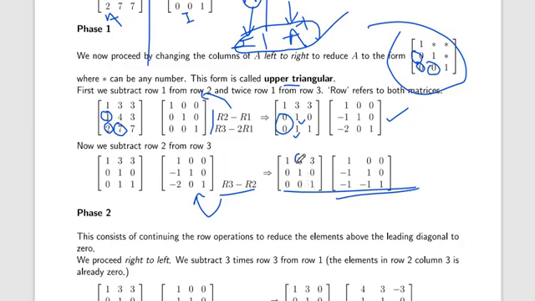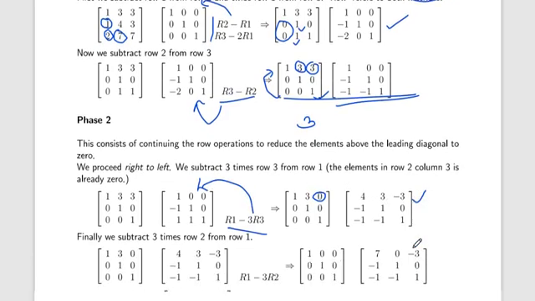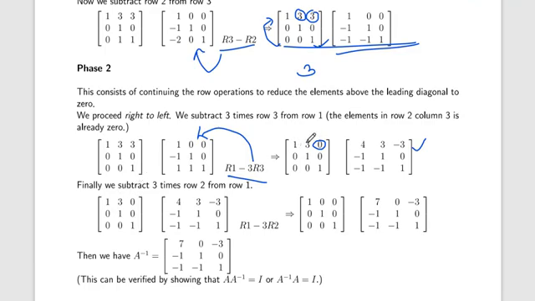Now, to make this the identity matrix, we have to remove these 2 and 3. We multiply this row by 3 and subtract it from the first row, R1 minus 3 R3, so we get a 0 here, and we apply the same operation to the other matrix. Now, to remove this, we multiply the second row by 3 and subtract it from the first row, R1 minus 3 R2.